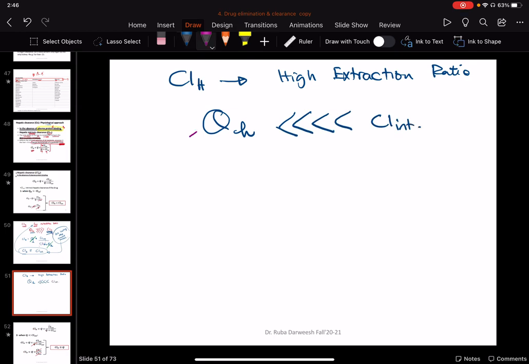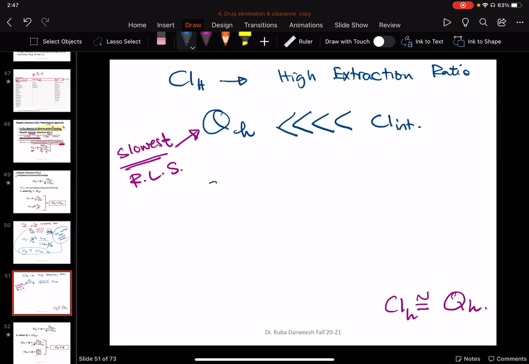This means that this is the slowest process or the slowest rate in this case, and it's the rate limiting step. Which means that at the end the hepatic clearance would be estimated to be almost equal to the hepatic flow. And let's see how this happens.